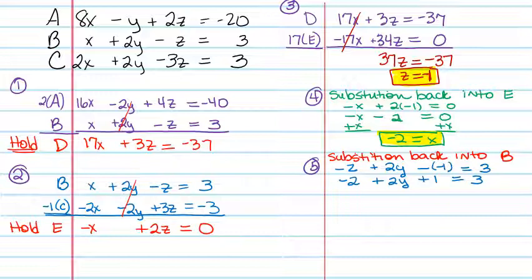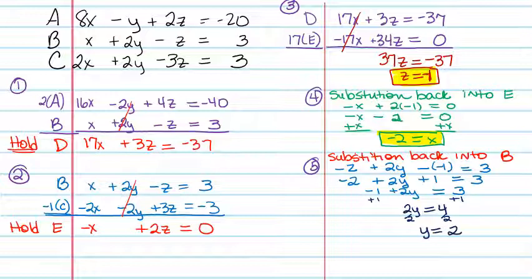So that gives me negative 1 plus 2y equals 3. Add 1 to both sides, and I get 2y is equal to 4. And so y is equal to 2. And that is my third and final answer.